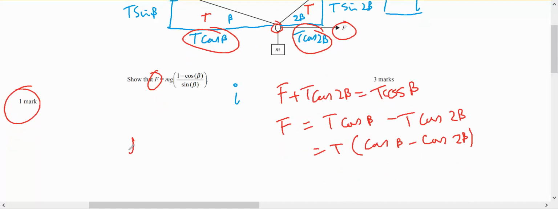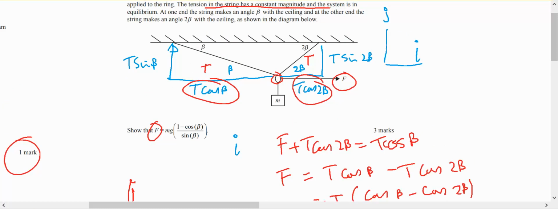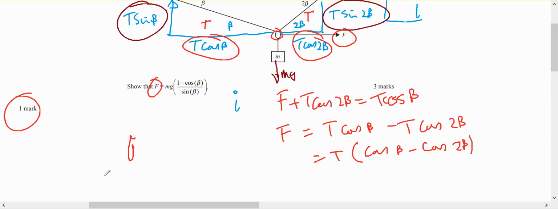And in the j's, I've got this, this, and mg. So I've got mg equals T sine of beta plus T sine of 2 beta.